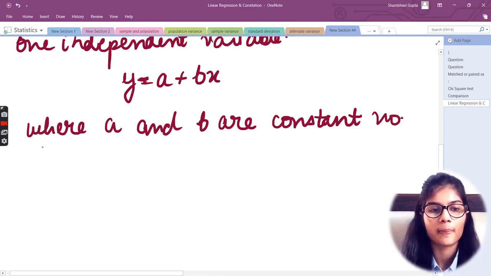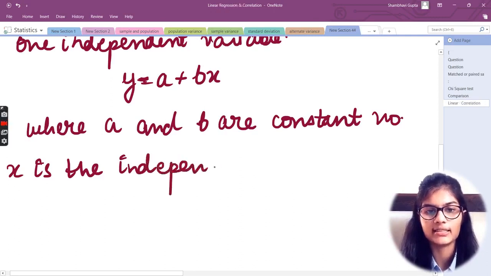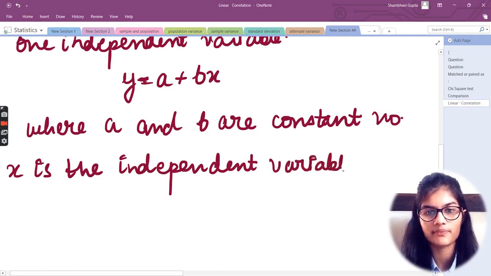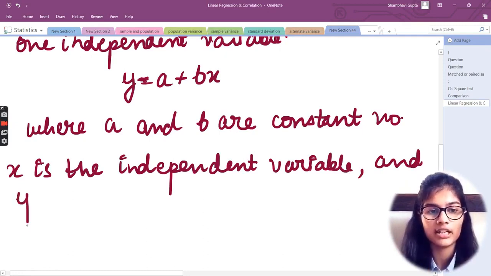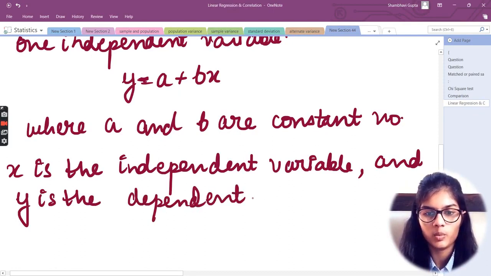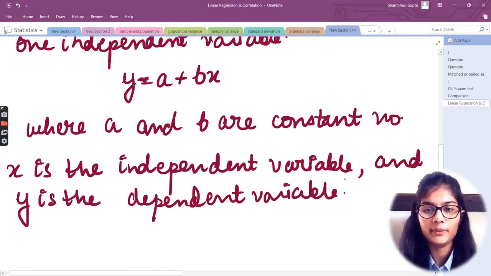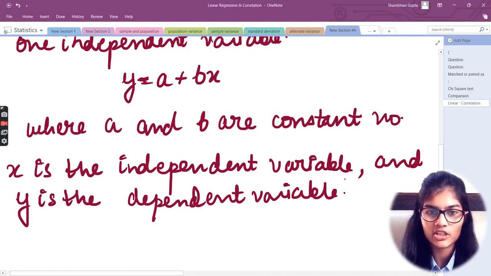Now I could mention here that x is the independent variable, and y is the dependent variable, right?